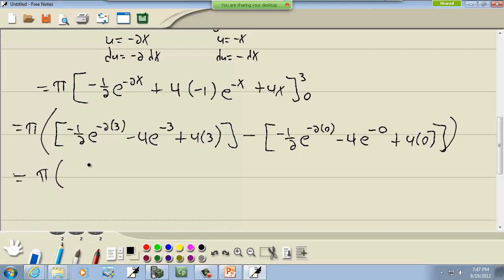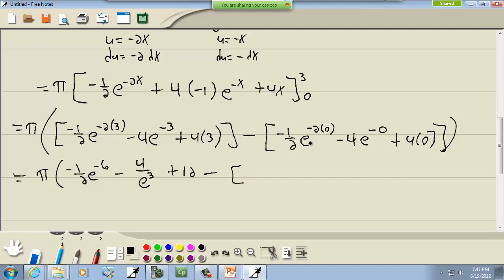Okay, so this gives us negative 1/2 e to the negative 6 minus 4 over e to the third plus 12.